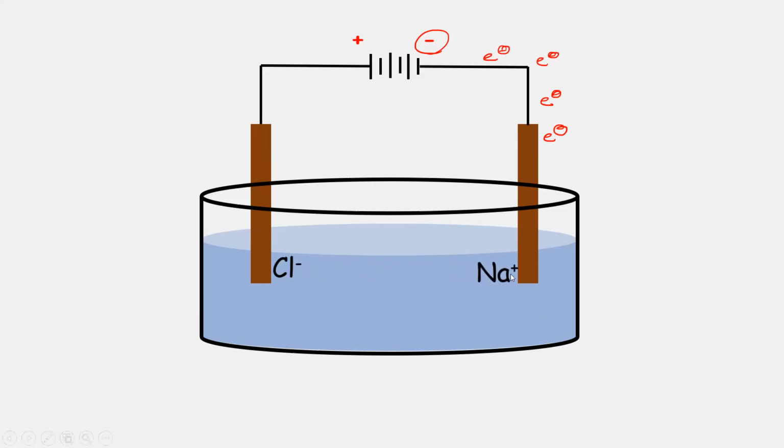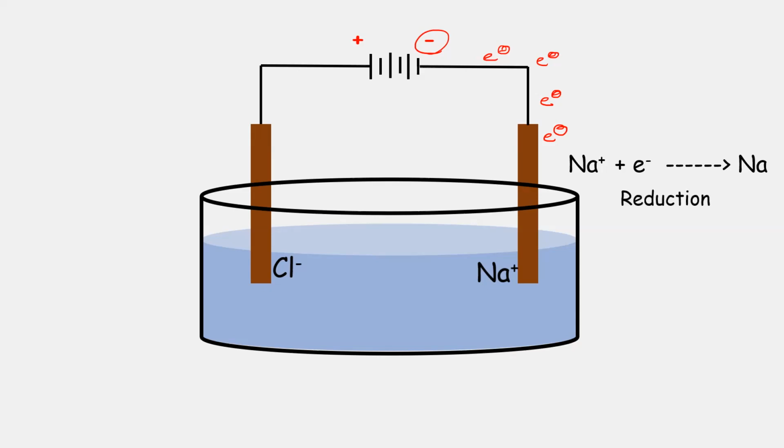Now, Na positive will be taking up the electrons, so the reaction will be sodium positive plus electron giving you sodium metal. Is this oxidation or reduction? Gain of electron, so it is reduction, not oxidation.